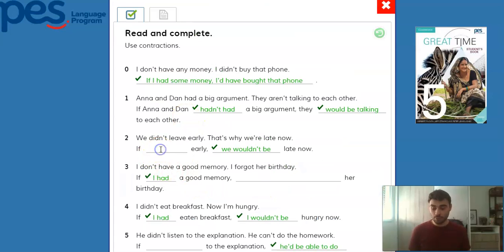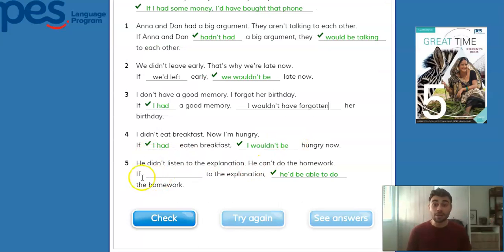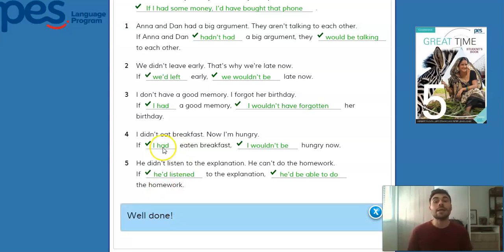So if we had left, if I had, I wouldn't have forgotten her birthday. And 5, he didn't listen. If he'd listened to the explanation, he'd be able to do the homework. Let's check again. Yeah, now it's right.